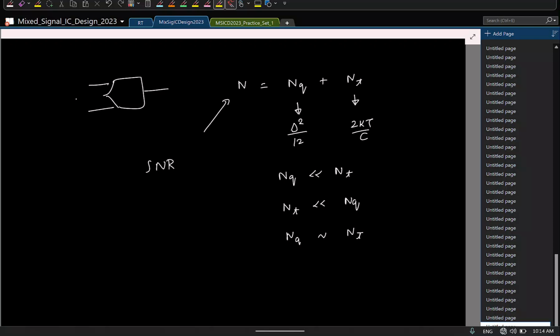So if you find that making quantization noise smaller is very easy, it doesn't cost you a lot, you go ahead and do that. In some cases, you will find that it might be easier to reduce thermal noise, so you might do that. Or in some cases, you will keep both the same. So again, this will depend on the application. We'll see slowly in the course. Yeah, we'll stop here.